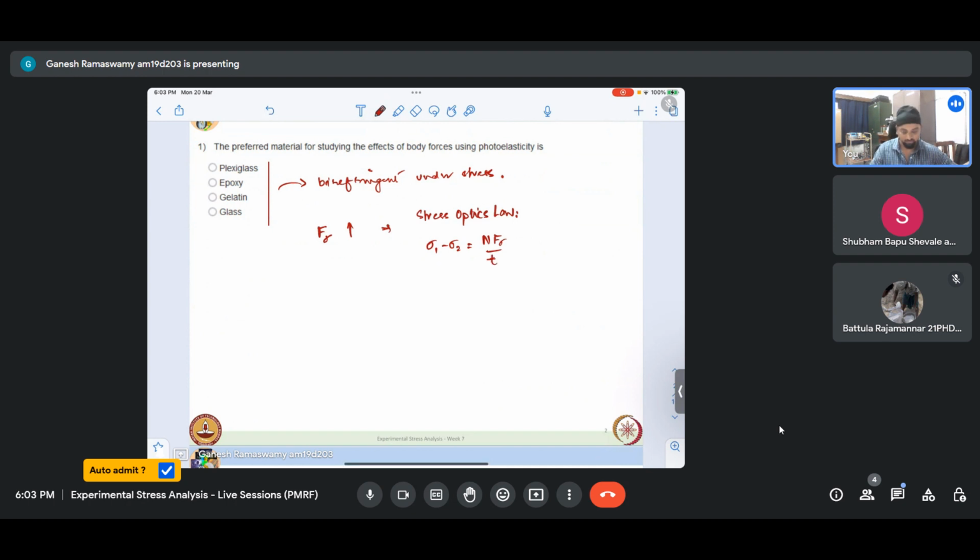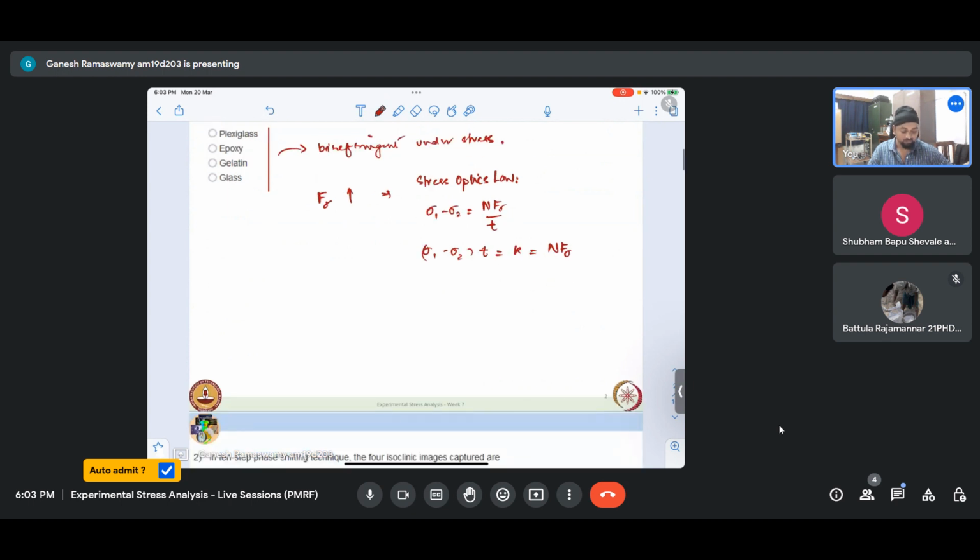If I take sigma 1 minus sigma 2 at a point to be some constant k, it implies that k equals n F sigma. So this is a rectangular hyperbola, which implies that if F sigma is very high, n will be very low, which implies that your optical response will be very low.